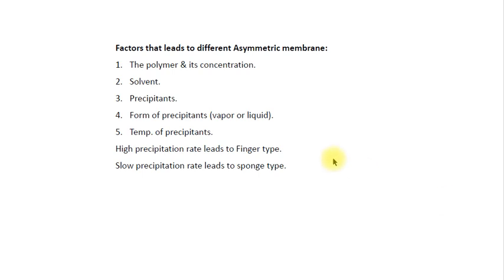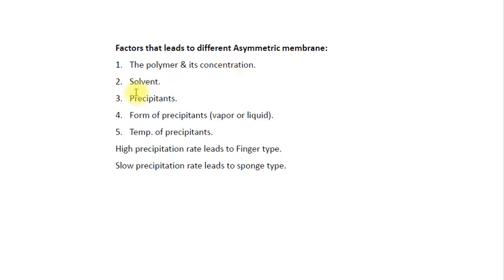Okay, now the different parameters which can be used to control the pore size of the asymmetric membrane. First is the concentration of polymer in the solvent. If the concentration is high, you will get a non-porous membrane, or the pore size will be small. If the concentration is low, then you will get a larger pore size.